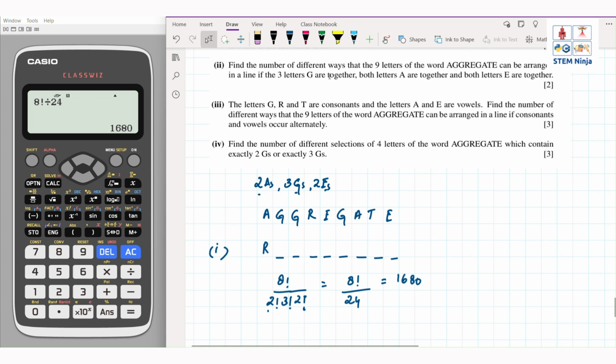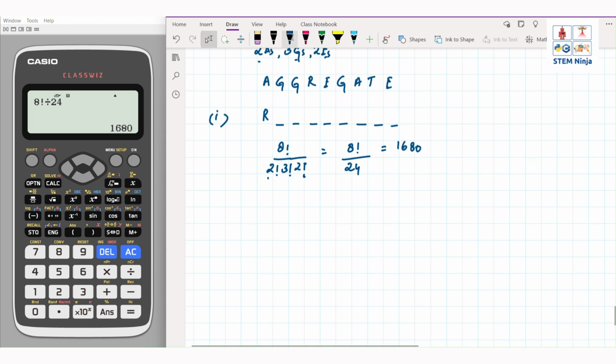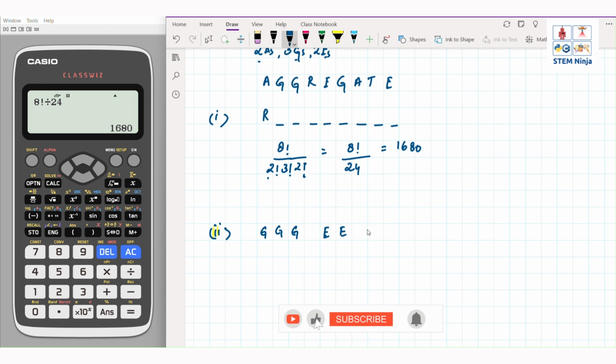Now, find the number of different ways that the 9 letters of the word aggregate can be arranged in a line if the 3 letters G's are together, both letters A are together, and both E's are together. Okay, all right. So that means we have 3 G's together, 2 E's together, and 2 A's together also.